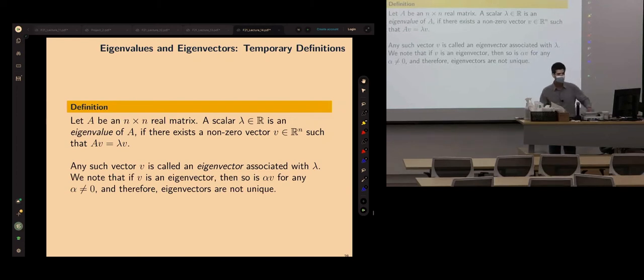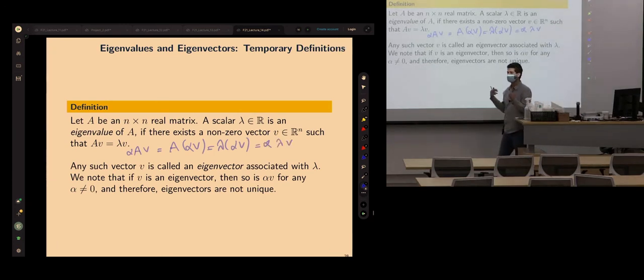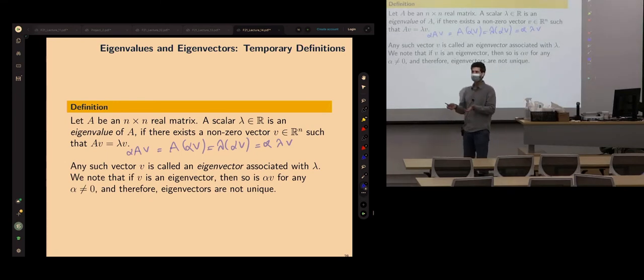Now, it is important to note that A times alpha times V equals lambda times alpha V, right? So you can get rid of the alpha. So any scalar multiple of your eigenvector is an eigenvector. They're not unique.